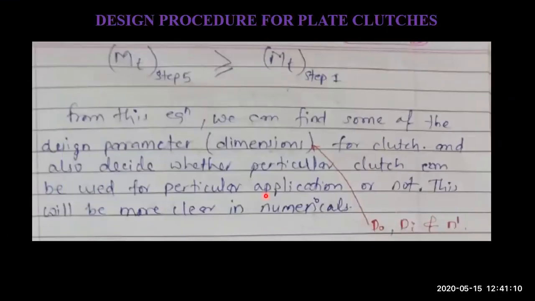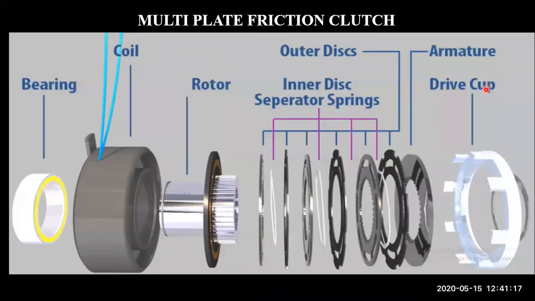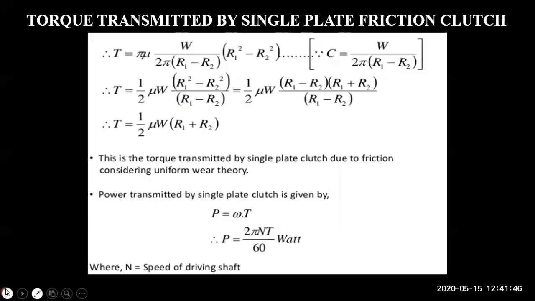If you check how this plates thing works, I can show you. These are the plates. The outer disc, this is what I was talking about. Take this plate here: you have 1, 2, 3 plates, and 1, 2, 3. This is what is called an armature. The outer disc and inner disc are equal in number in this example.